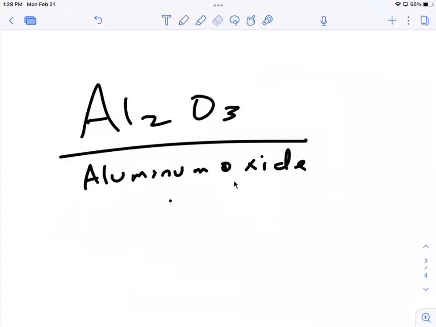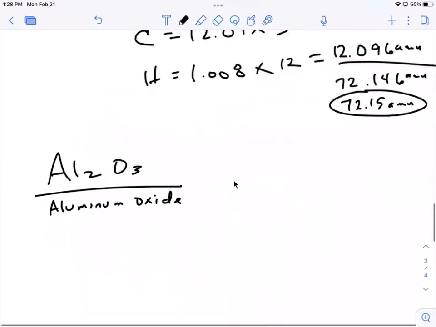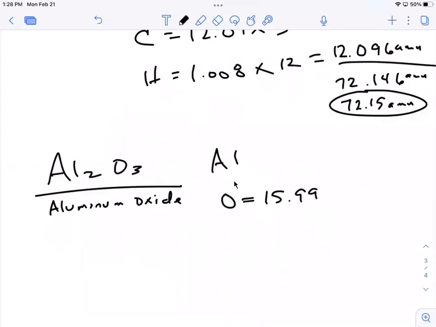And in order to get the formula mass or the molecular weight or molar mass of this, what do I need to do? I need the atomic mass of aluminum and the atomic mass of oxygen, which we've already done multiple times. So oxygen is 15.99, and then aluminum is what?